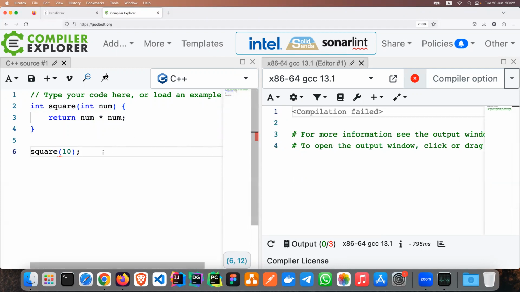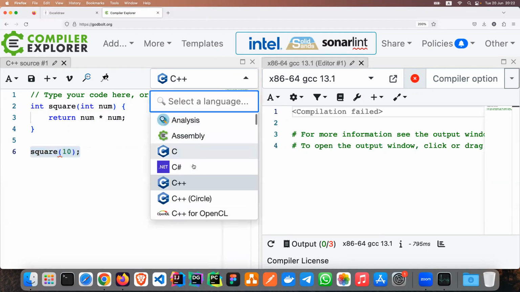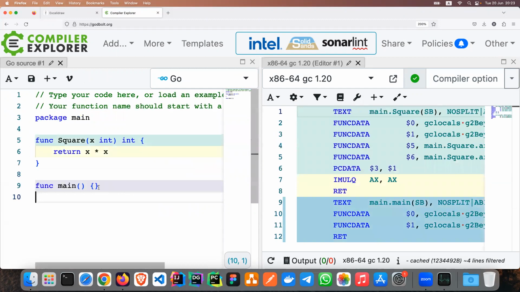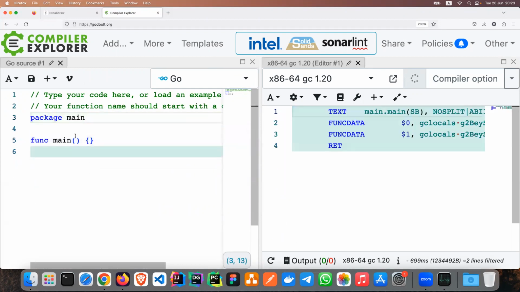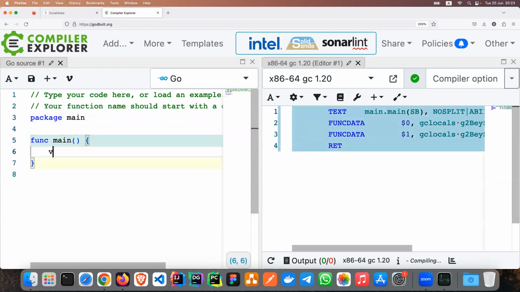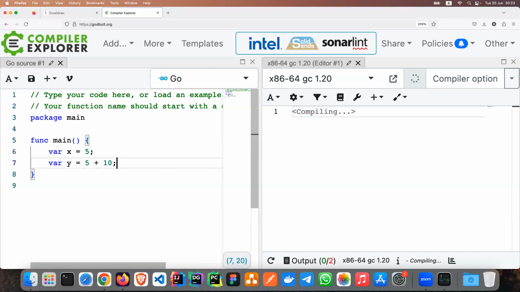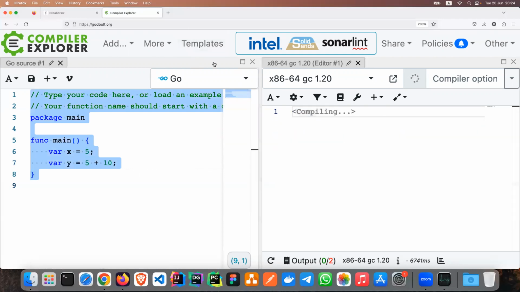Okay, I don't know what happened here. Maybe let's use another language here, which is more clear. Delete this. I will have here var x is 5 and var y is 5 plus 10. It doesn't work correctly, maybe.